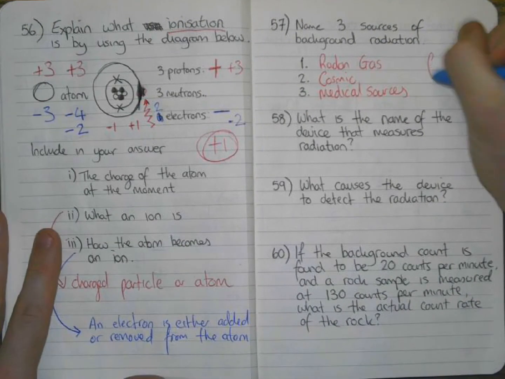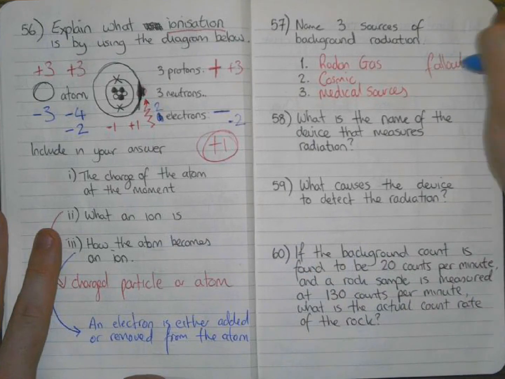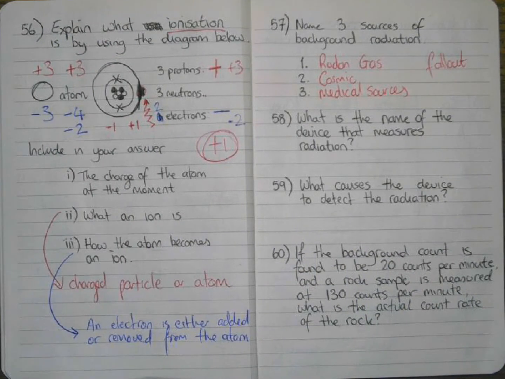Other ones you could have had are nuclear fallout from bombs. When bombs get tested, nuclear bombs, that radioactive material ends up in the atmosphere, and until it decays, it's always going to be there. It, you know, can't just disappear. So all of that radioactive material ends up in the air, and it gets spread around the world.